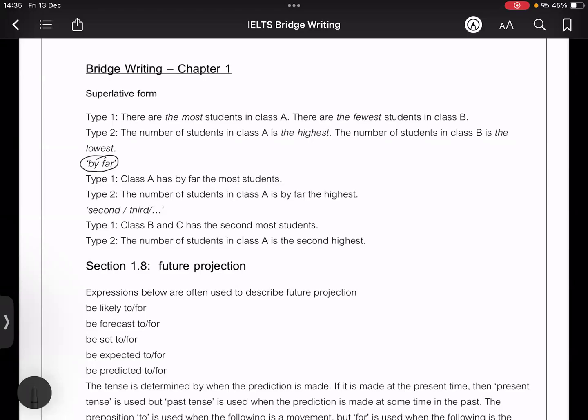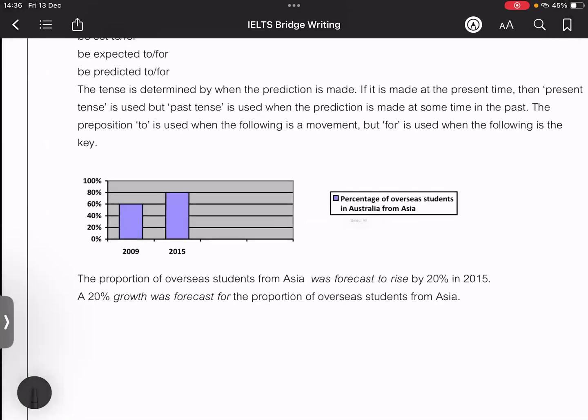There are many cases where a prediction has been made regarding any particular quantities. But you are not the one who made that prediction. Someone has made that prediction already. And your job is to report that prediction. So let's look at an example here.